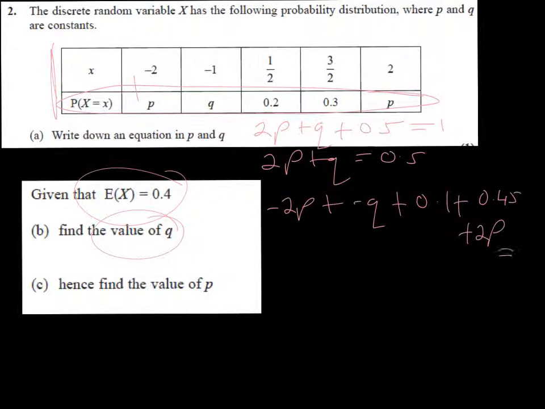We know that's going to be equal to 0.4, and we can see that this is going to cancel out with this. So I can just rearrange this to get an answer of q is equal to 0.15.